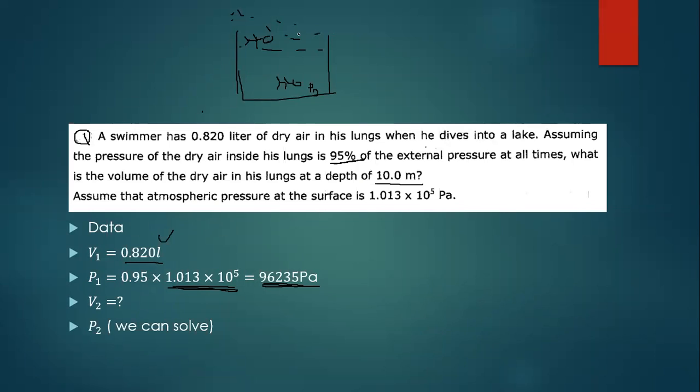So even as he goes down, we can also consider atmospheric pressure, because even down here atmospheric pressure is still exerting on him. So we'll calculate the pressure due to this depth, and also add atmospheric pressure to it. If we consider atmospheric pressure at the beginning, then even at the end we must consider it.